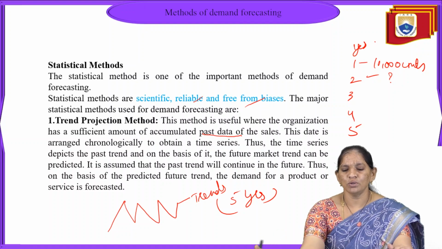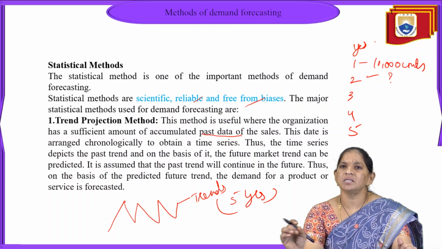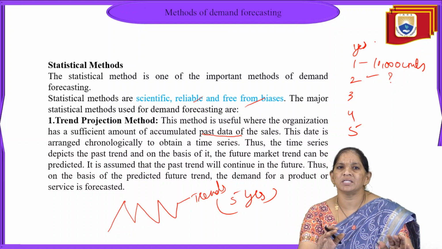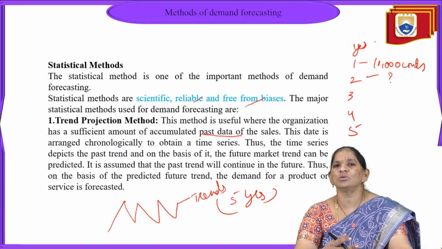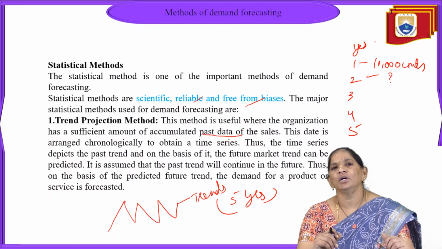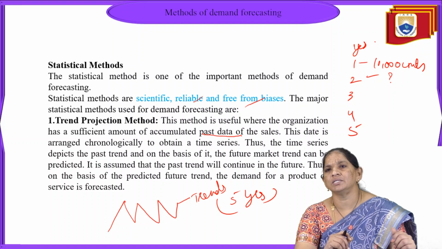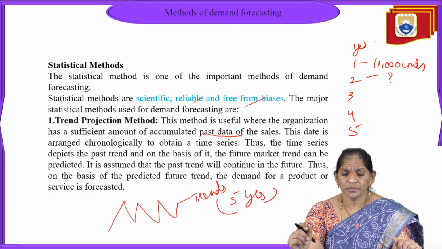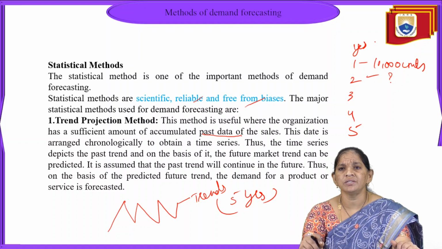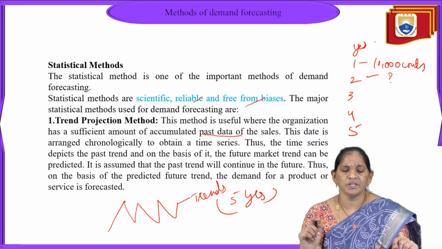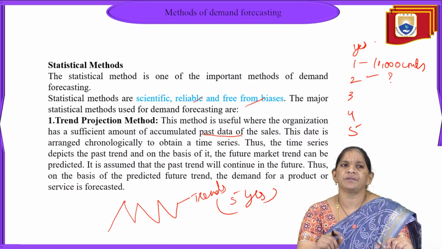And it is also assumed that past trends will continue in the future. Commonly we have a bias thinking that based upon the last year's increase or decrease, we identify this year's increase or decrease of the sales. And thus this bias predicts the future trends, or demand for goods and services is forecasted.